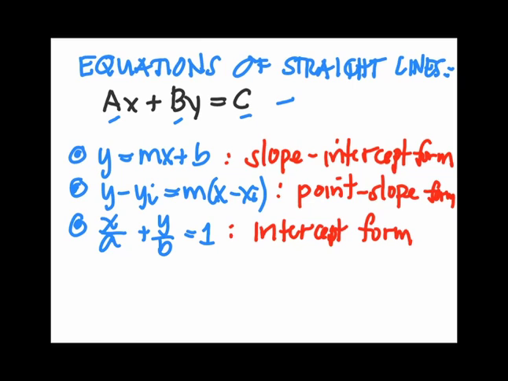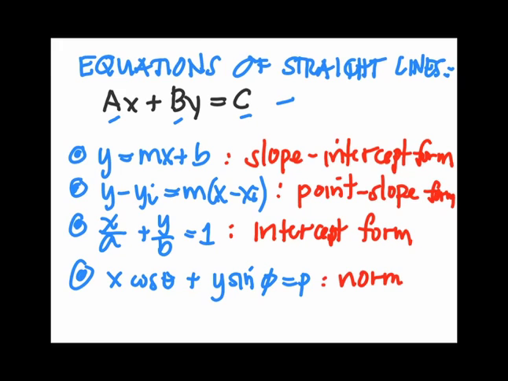And x cosine theta plus y sine theta is equal to p. This is what we call the normal form of the equation of the line.